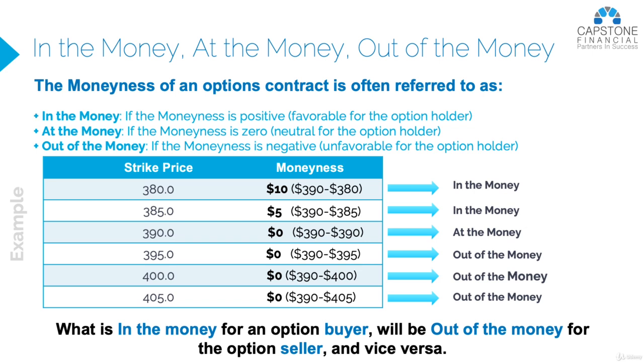What selling options allows you to do is take advantage of time value, and we are getting very close to discussing that in more detail. As you can see, if you're the buyer or the seller, if you are in the money or out of the money, whoever is on the other side of that trade is going to be on the other side of in the money or out of the money.